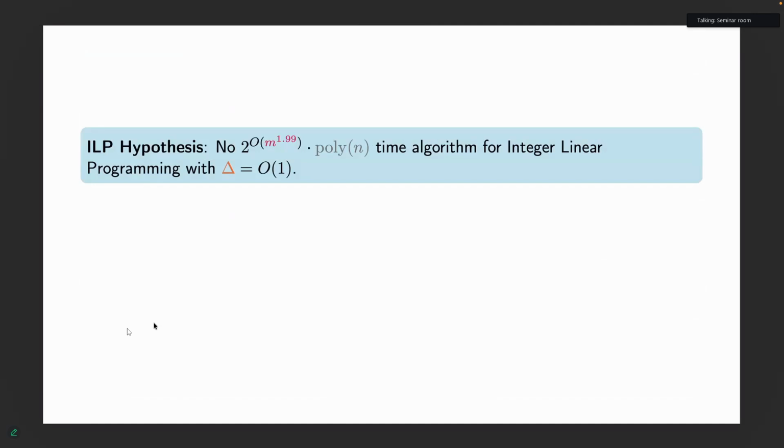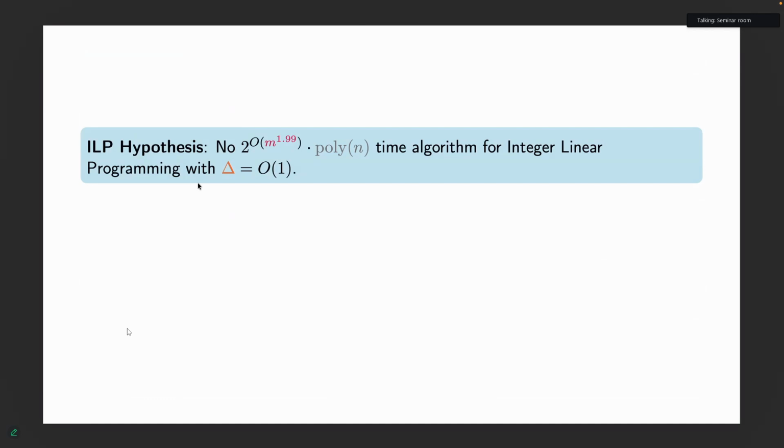So what we did is to state this ILP hypothesis that there is no 2 to the m to the 1.99 time algorithm for ILPs with bounded entries and some constant delta. That's the hypothesis that we stated in the paper. I would be very interested if you could disprove this hypothesis.